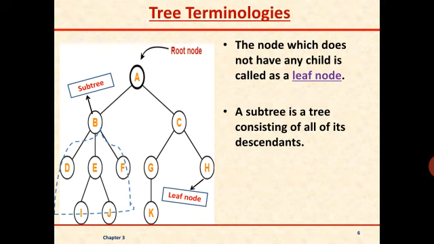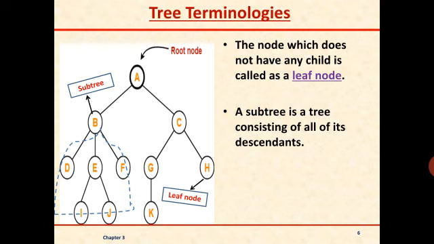Next terminology is leaf node. A leaf node is a node which does not have any child. In our example, node H as well as node K do not have any further nodes. Hence, we call them leaf nodes.